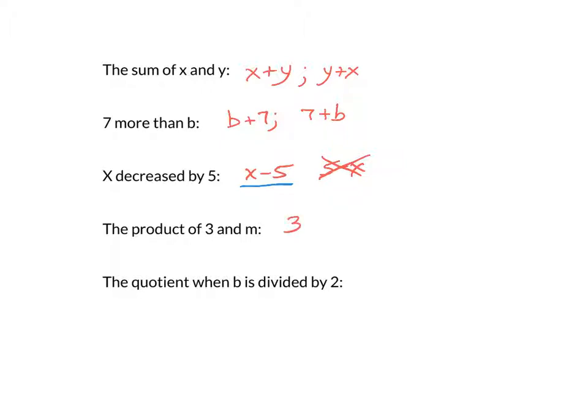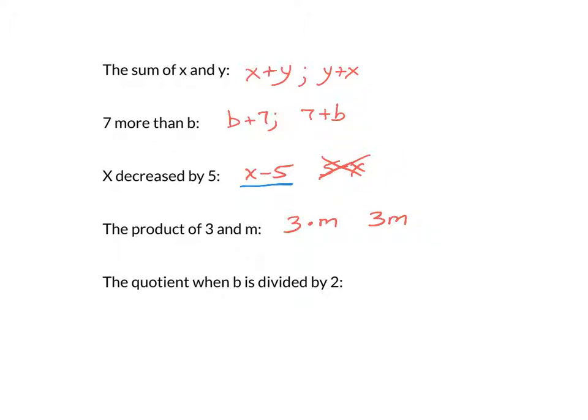The fourth one I have, the product of 3 and m. I could write it as 3 times m, and I put a dot there to indicate the multiplication sign, but you would not see it written that way. Instead, you would just see it written 3m, because if there is no sign between a number and the variable, or even between two variables, it's understood to be multiplication.